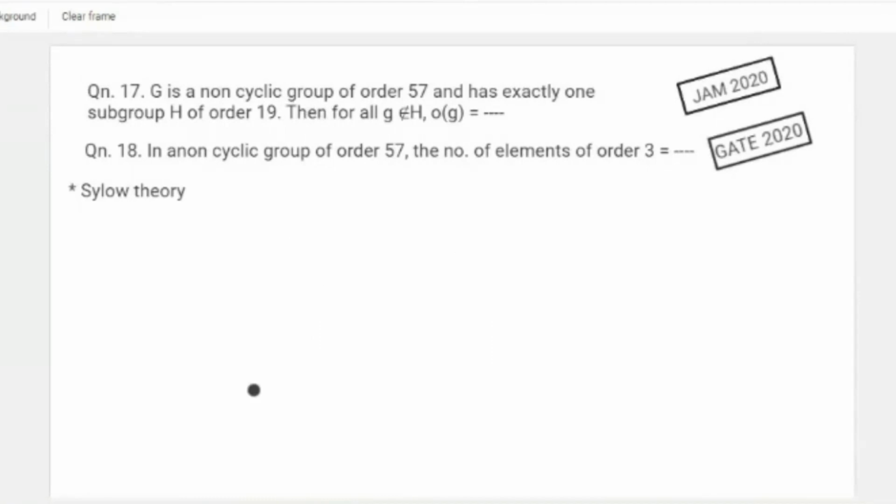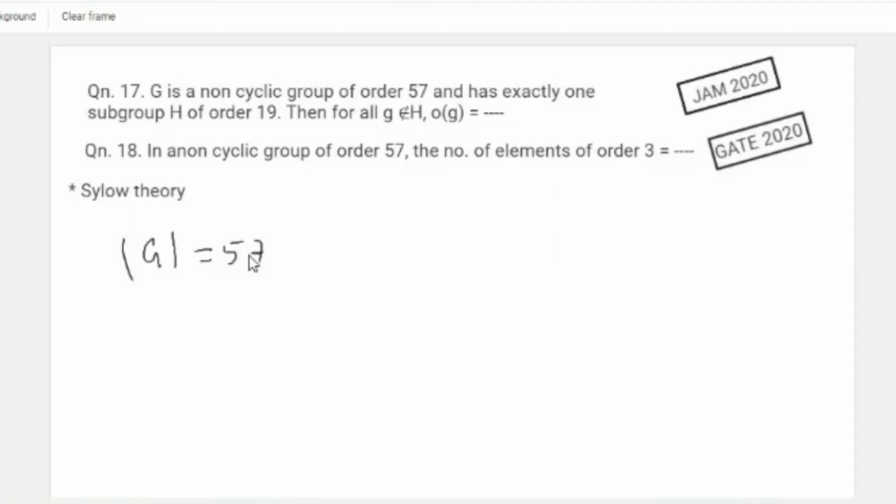Yes, question 17. It is given that G is a non-cyclic group of order 57. The factorization of 57 is 3 into 19, and these are prime numbers. And it is a non-cyclic group, so it is not abelian.